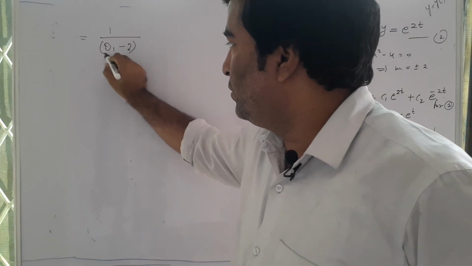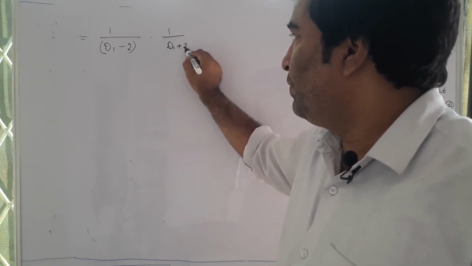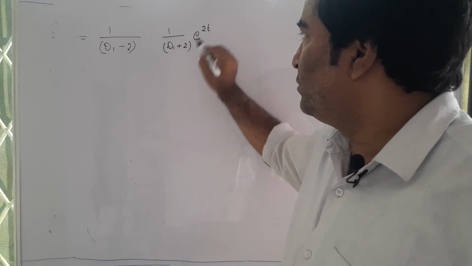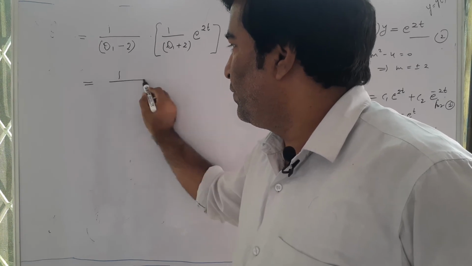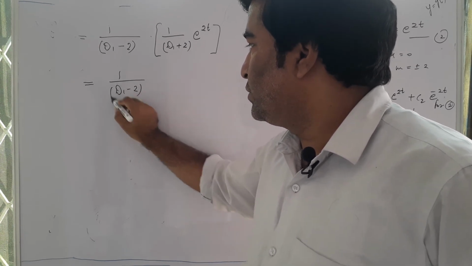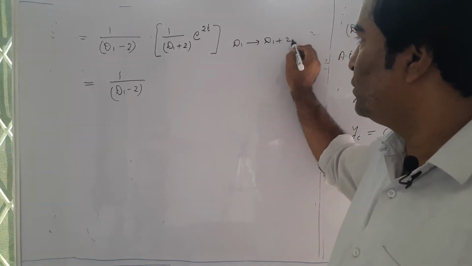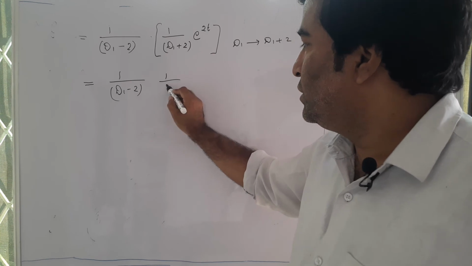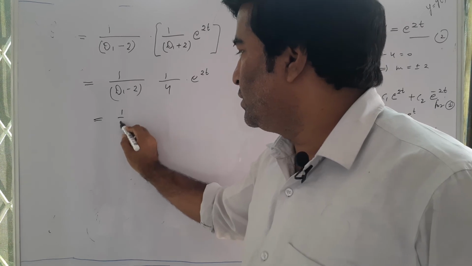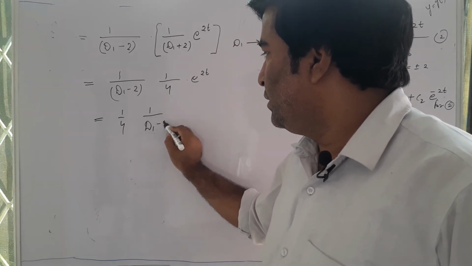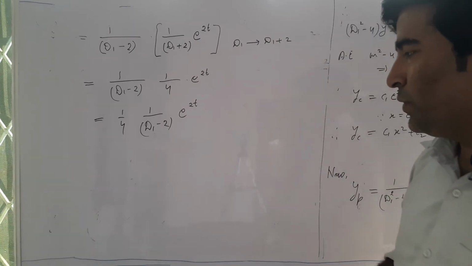We have a problem with the factor D1 minus 2, but no problem with the other factor. In the other factor we replace D1 by D1 plus 2, so we get 1 by 4, a constant, times 1 upon D1 minus 2 acting on e to the power 2t.